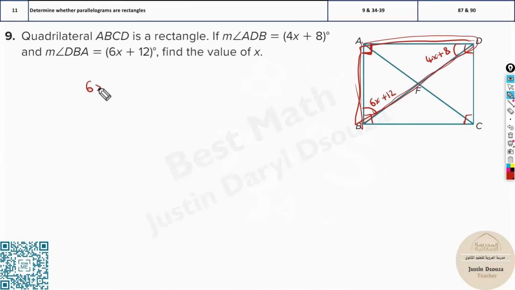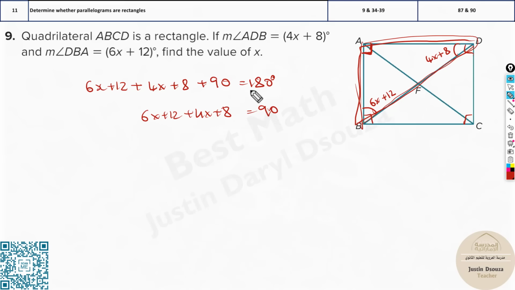So all I do is 6x plus 12 plus 4x plus 8 plus 90 degrees must be equal to 180 degrees, or if you add the two they must be equal to 90. So we can just simplify it: 6x plus 12 plus 4x plus 8 equals 90, because if you take this 90 to the other side, it will be 180 minus 90. You can use any one of these formulas.